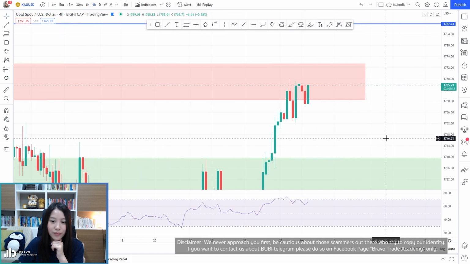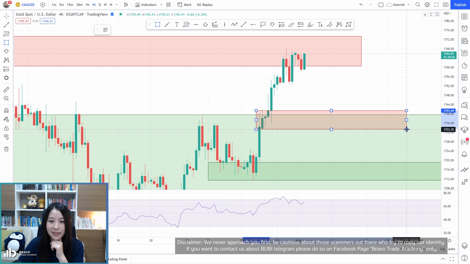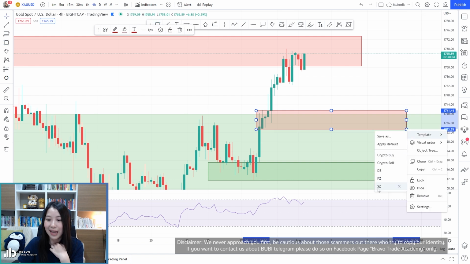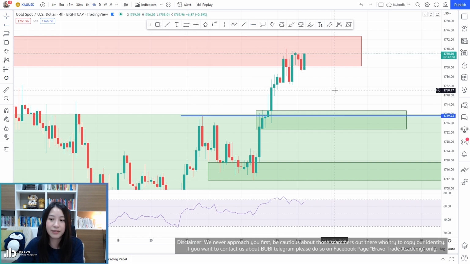All right, but we do have a beautiful demand zone as well, which is this one. If you remember, I might have talked about it already in my previous video. So at around 1740, this is beautiful.